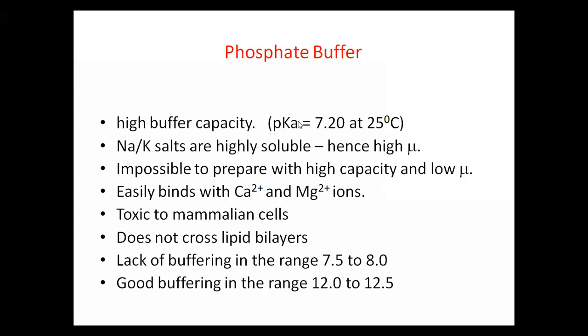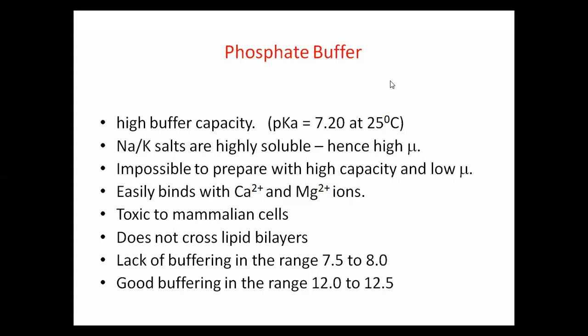See, any buffer contains an acid or a base with its salt. That is what we have seen in the Henderson-Hasselbalch equation, where the pH depends upon the concentration ratio of the weak electrolyte and the strong salt, and also the pKa value.